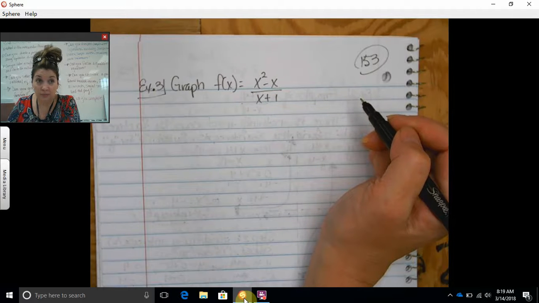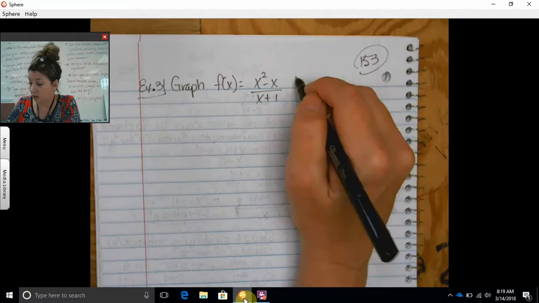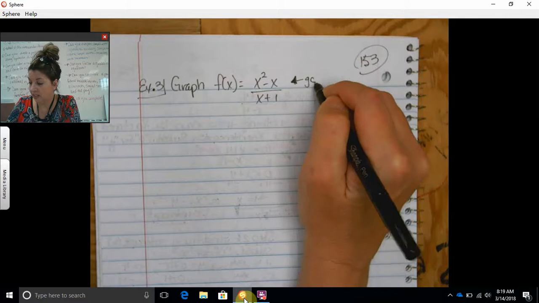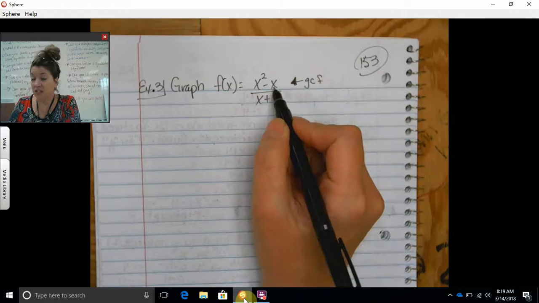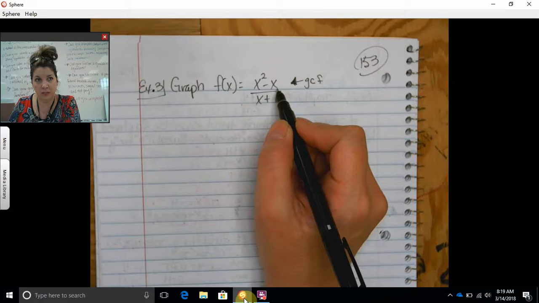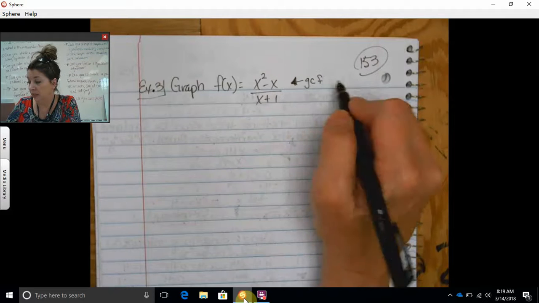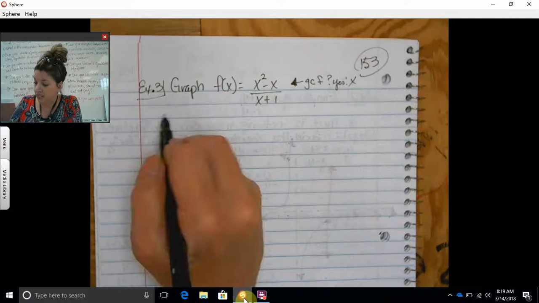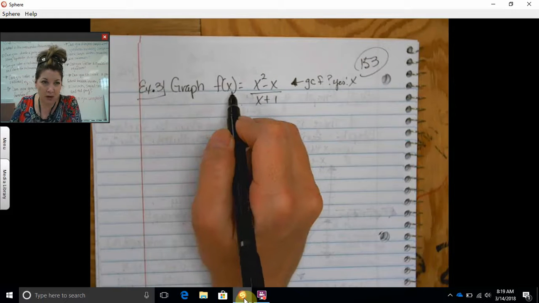It's squared, so it's quadratic, but it's not a difference of squares, because x is not a perfect square. It does have a GCF of what? Of x. So I can factor out x, and I'm going to go ahead and change f of x to y.